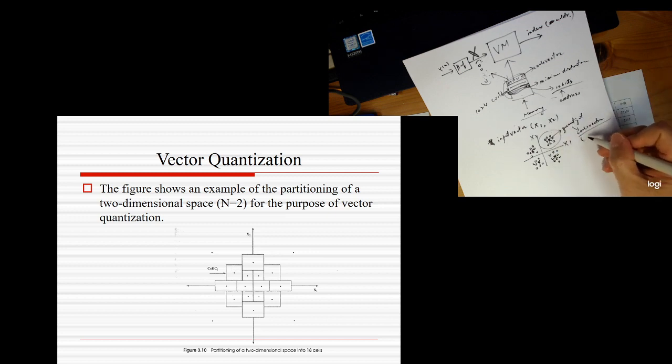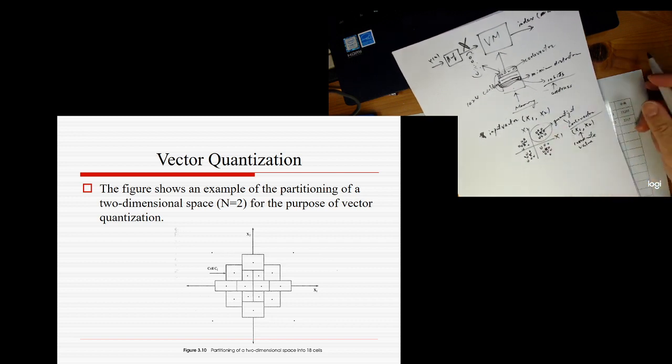This region has an S1, S2 coordinate value, and the coordinate value is the representative code vector.